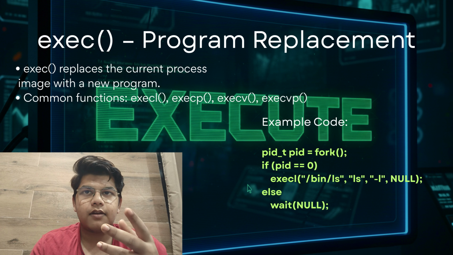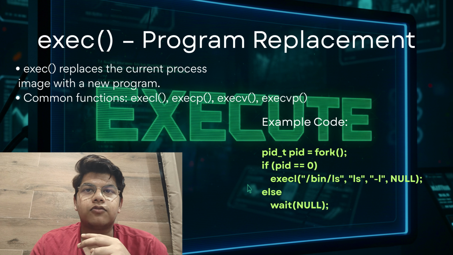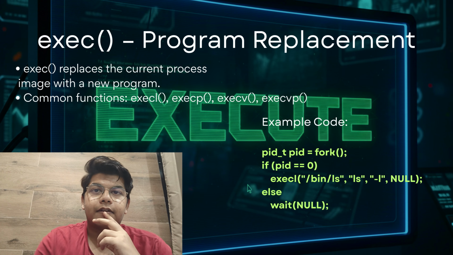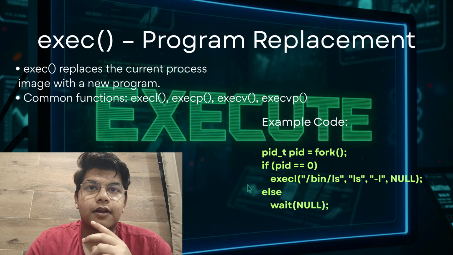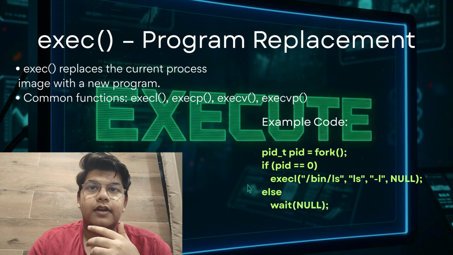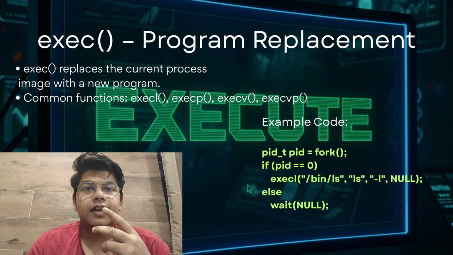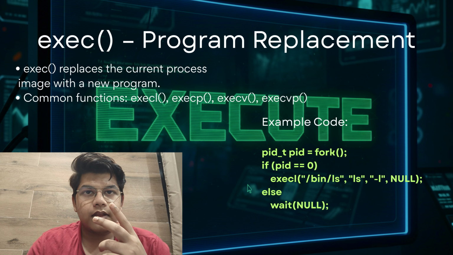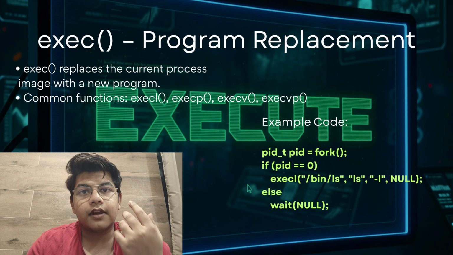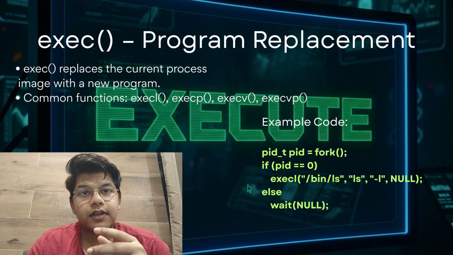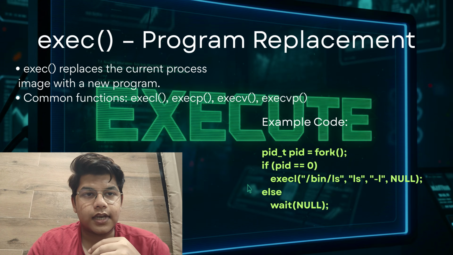Here's a common pattern: pid equals fork, and if pid equals 0, execl("/bin/ls", "ls", "-l", NULL), else wait NULL. In this example, the child becomes ls -l and the parent waits for it to finish, and if exec succeeds it never returns. If it fails, it returns -1 and sets errno.